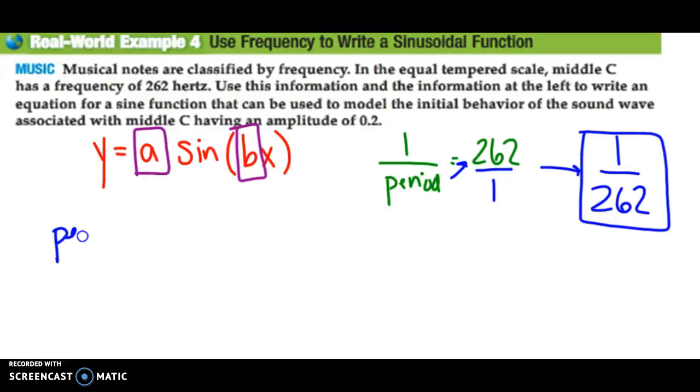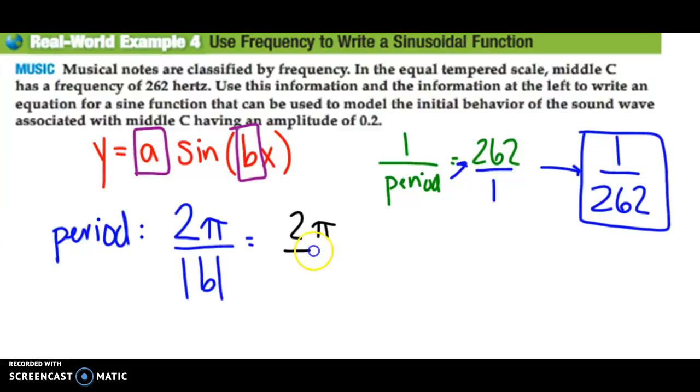Now we think to what the equation for period was. Remember, period was 2 pi over the absolute value of b. Well, we know that our absolute value of b is 1 over 262. So 2 pi over the absolute value of 1 over 262.